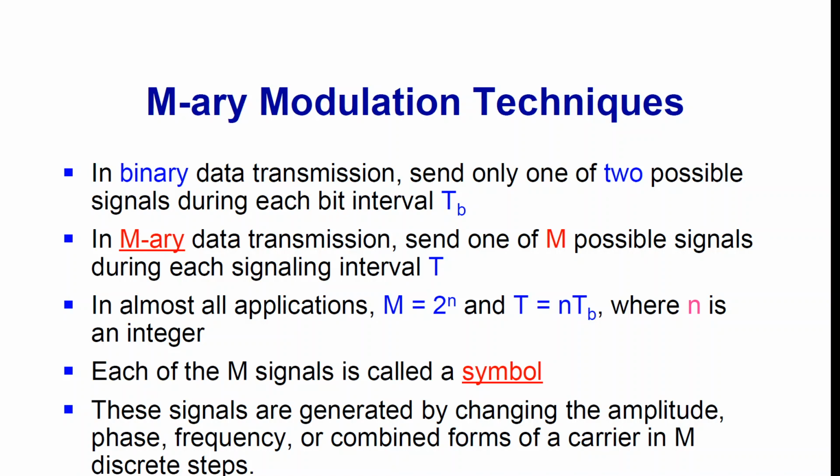Actually, one symbol represents n bits, a combination of n bits. So in almost all applications, capital M is equal to 2 raised to n. That implies this signaling interval T equals n times TB. TB is the bit duration, capital T is the duration of a symbol, and please understand that one symbol is a combination of n bits.